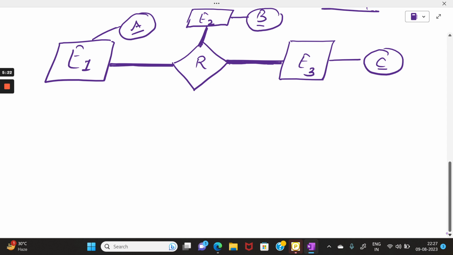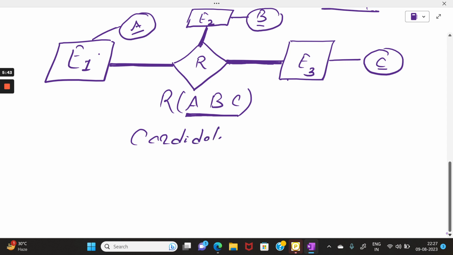When it is a many to many mapping, one or more entities of A are related to one or more entities of B, and the same goes for E3. So if it is asked what the candidate key for the relationship R is, then it will definitely be A, B, C as a composite key.